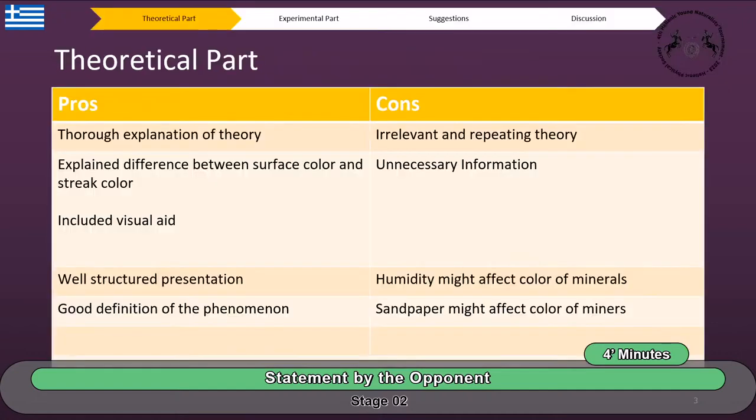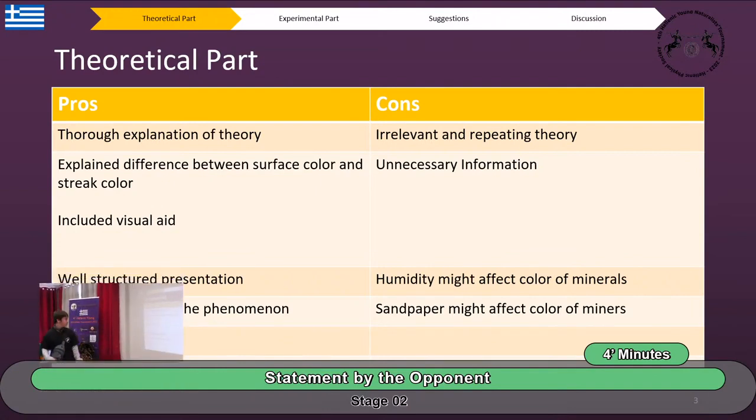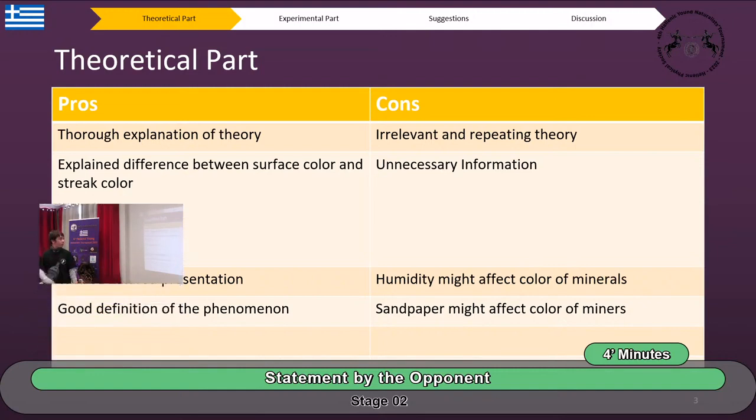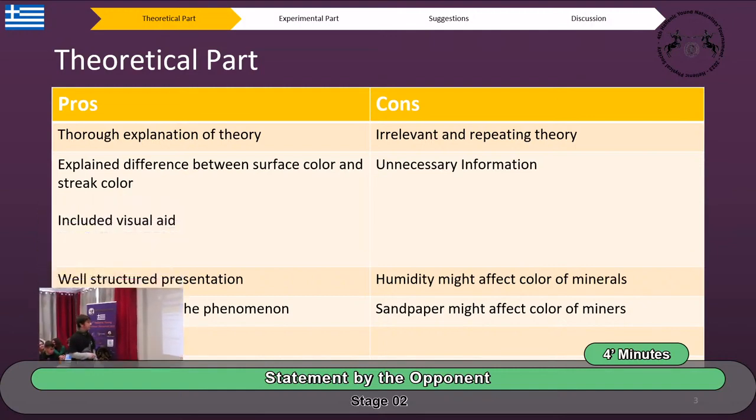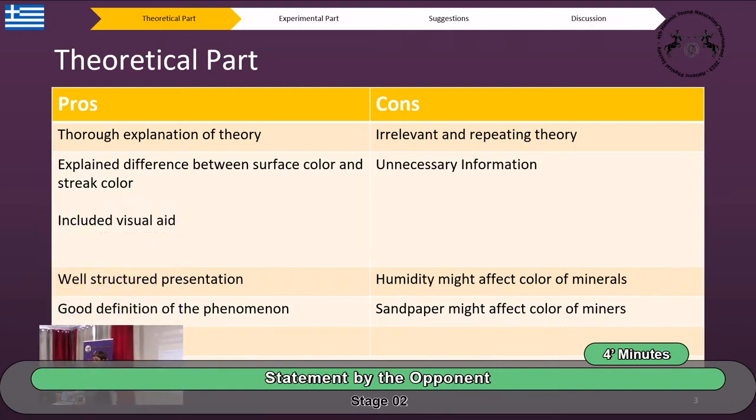So first of all, for the theoretical part, the explanation of the theory was pretty thorough. They explained the difference between surface color and streak color and why it exists. The structure of the presentation was pretty good, and they provided a good definition of the phenomenon. But they also had some bits of irrelevant, repeating theory, like what a mineral is, that wasn't so important to focus on.